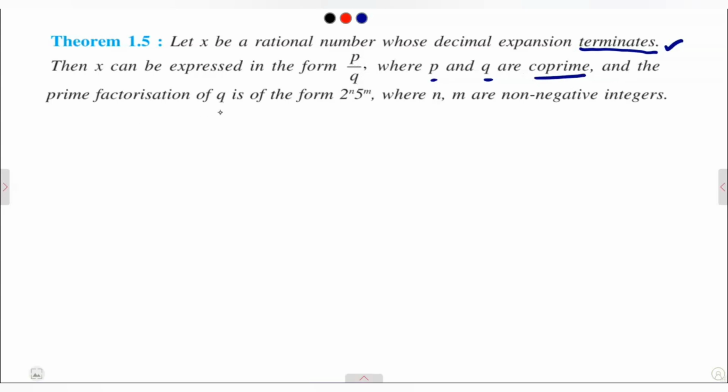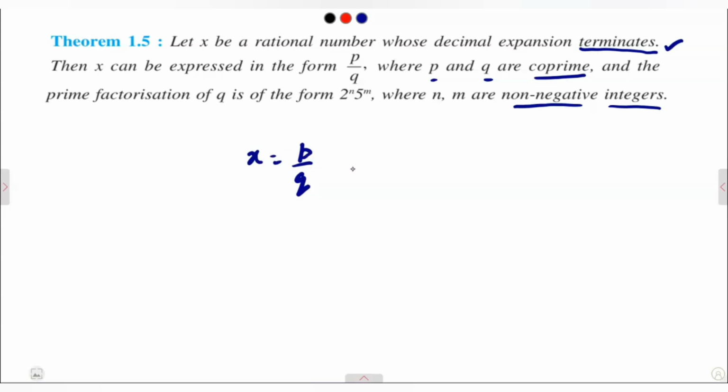And the prime factorization of q, that means the denominator, is of the form 2 power n into 5 power m, where n and m are non-negative integers. So you are given x as a rational number whose decimal expansion is terminating, and then this x can be represented in the form of p by q, where p and q are in simplest form.